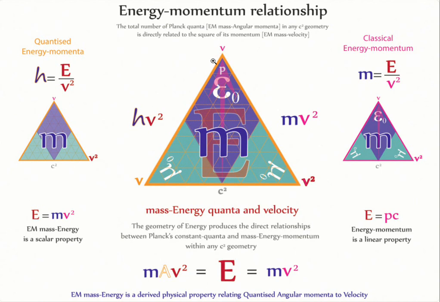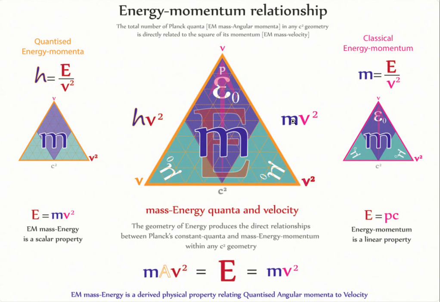This energy momentum relationship, geometric as we've discussed over and over, simply relates mass energy, scalar fields or scalar properties, to the quantized equilateral geometries or the Planck's constant of the scalar field.